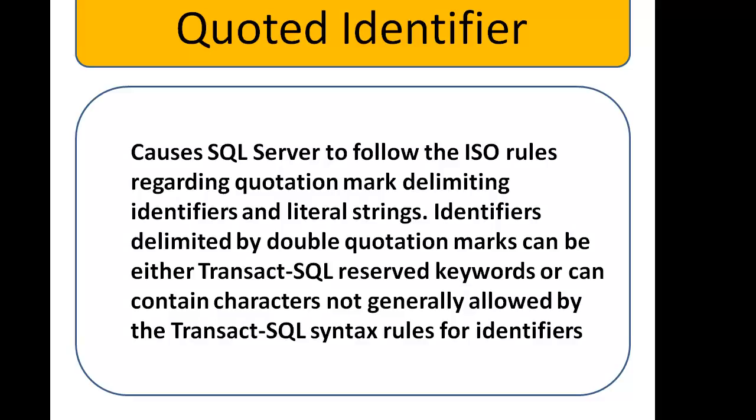So using this quoted identifier, we can create an identifier name as a reserved word. We can use the reserved word as the identifier name and pass single quotation data to the varchar column.